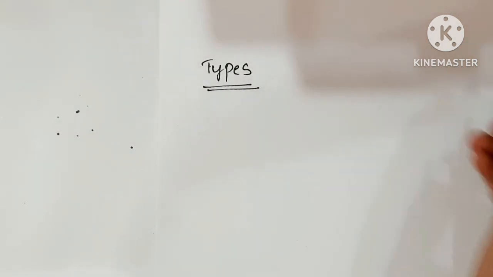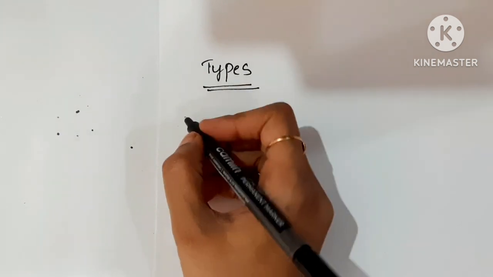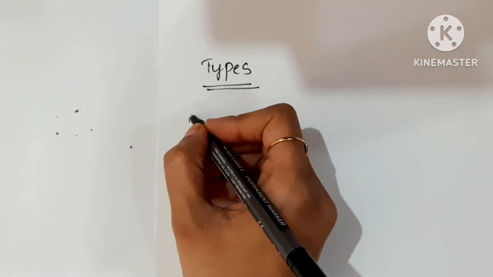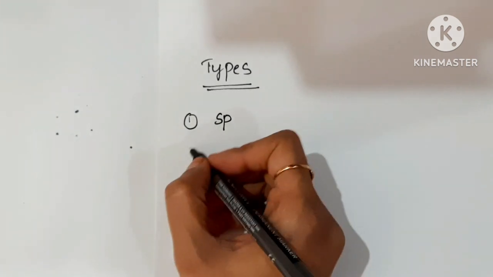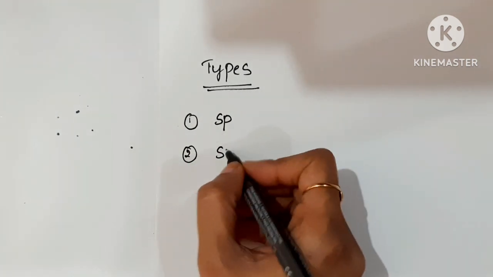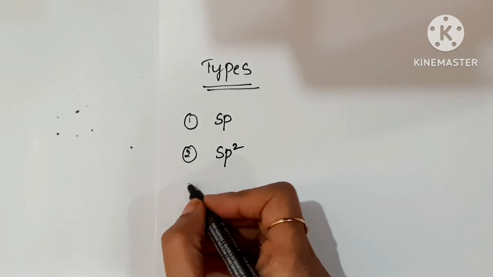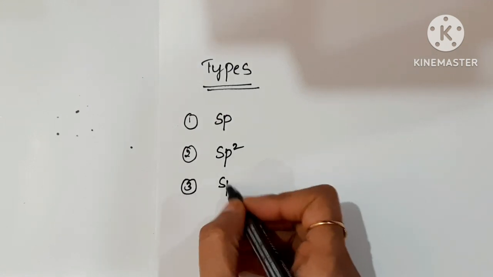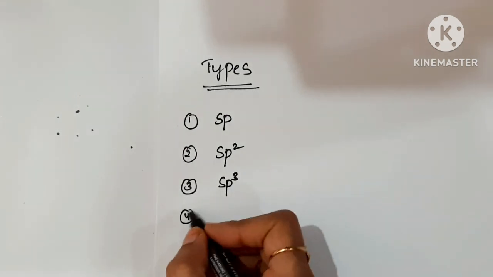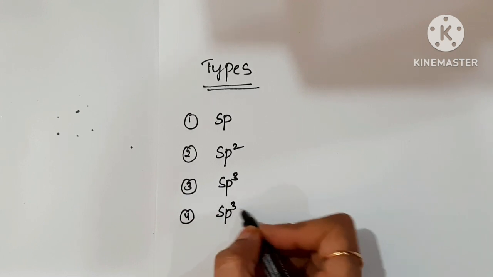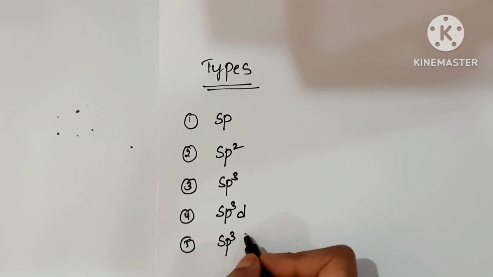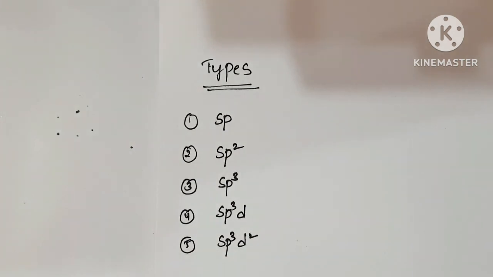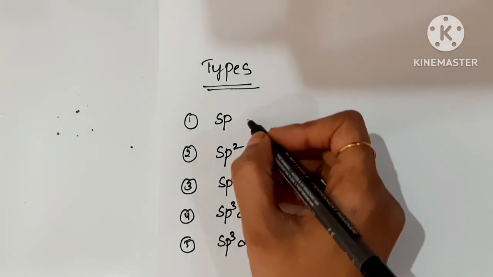Types of hybridization. One is sp hybridization, the second is sp2, the third is sp3, the fourth is sp3d, and the fifth is sp3d2 hybridization.